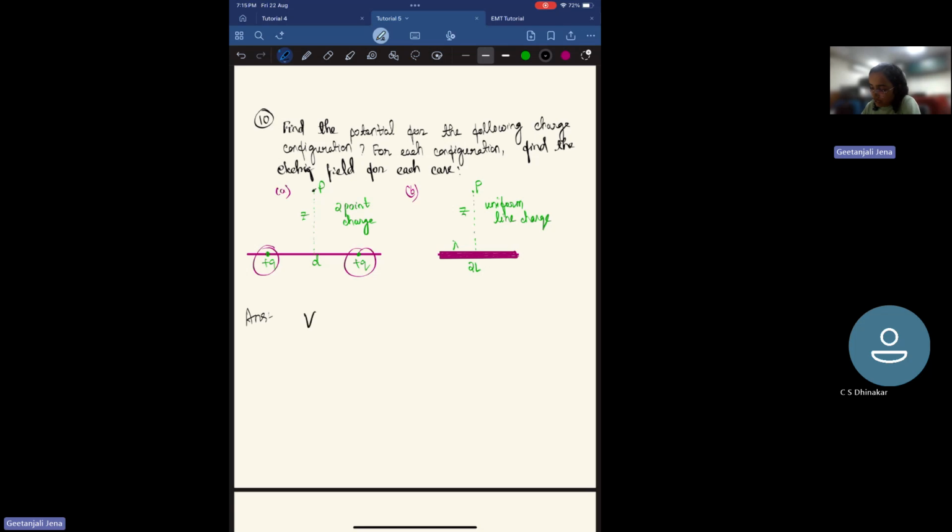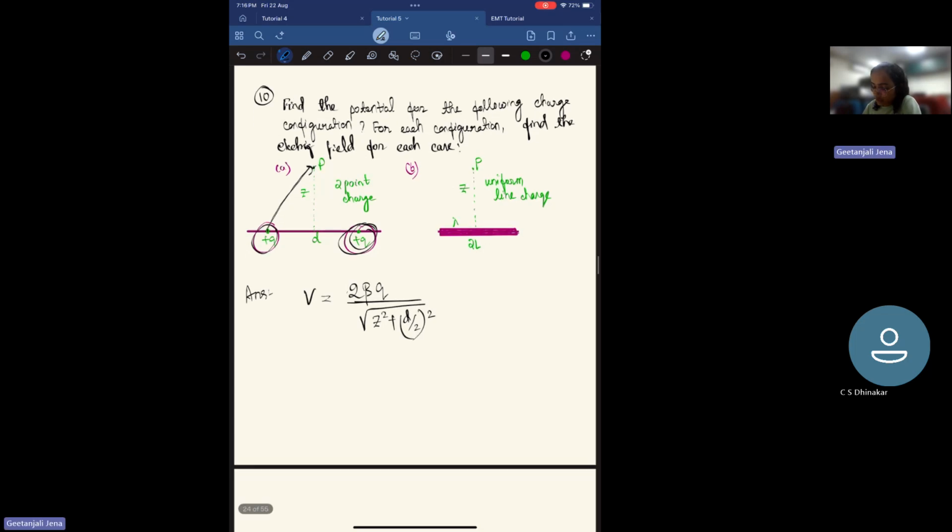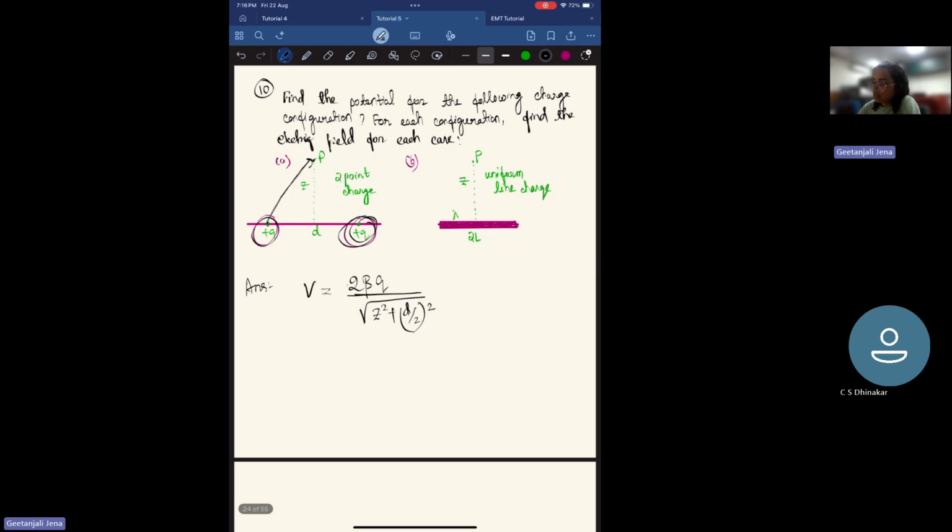I think you can easily guess this will be, for plus q and plus q, k q by mod r. r is the distance between the charge and the observation point, which is square root of z square plus d by 2 whole square. And for the other charge, it is also the same. So we have 2 k q. This is the potential. For the field, you just need to take the gradient.